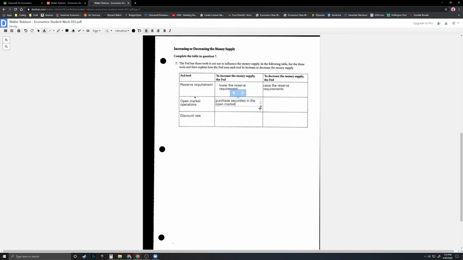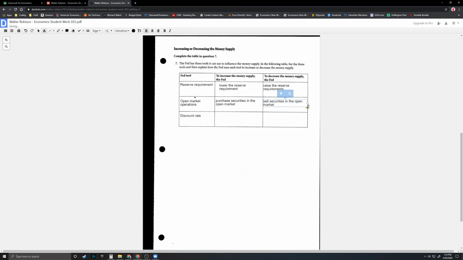If they want to increase the amount of money going out into circulation, they buy securities. Remember, securities are federal debt. And then what do you do if you want to decrease the money supply? Well, then you would not buy, you would sell. So you sell securities in the open market.